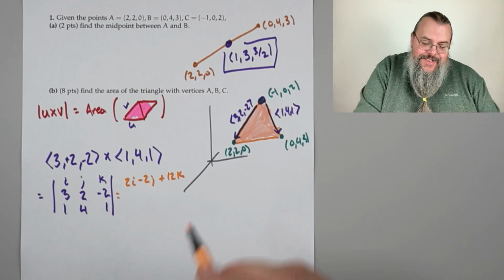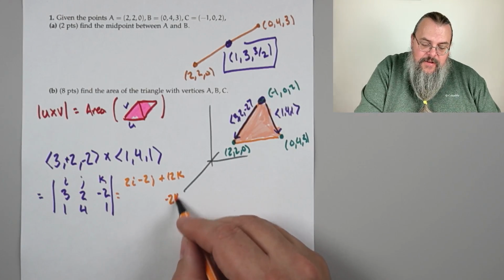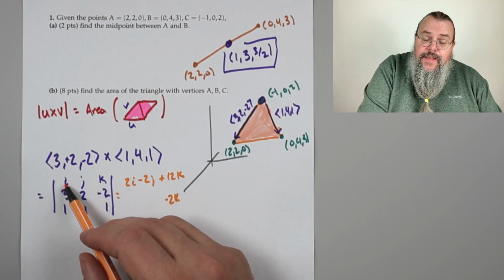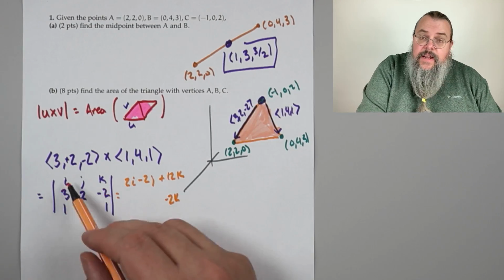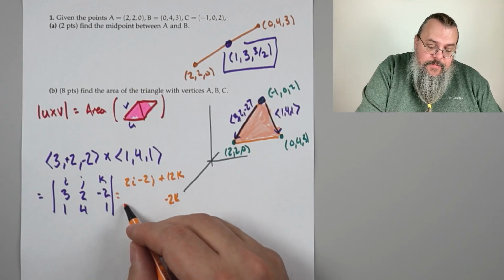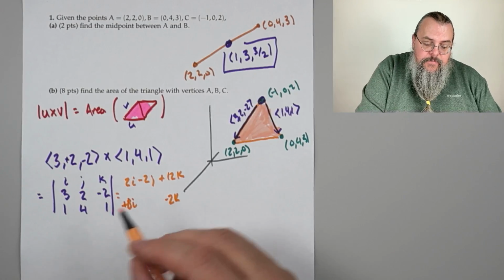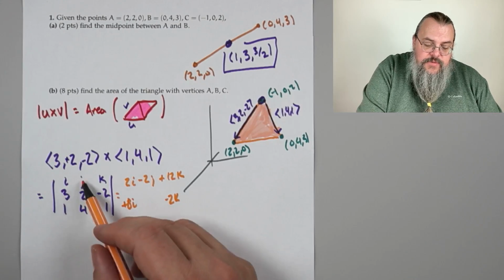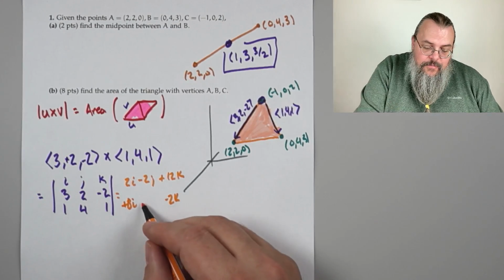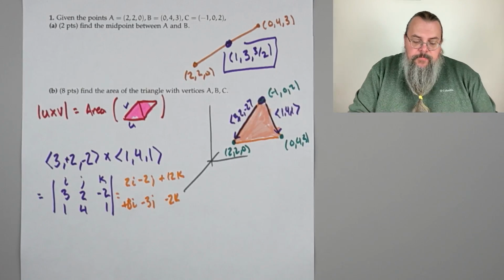But we subtract, so -2K. 4 times -2 times I, that's -8I, but we subtract, so that becomes a +8I. And then 1 times 3 times J is 3J, but again, we subtract, so that's -3J.